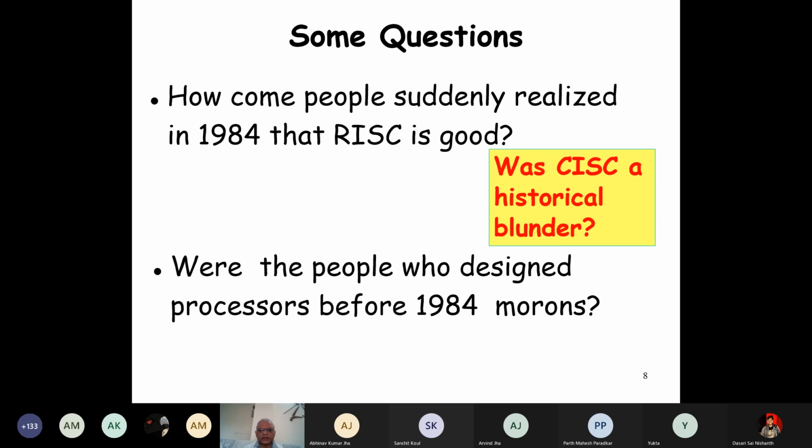Was CISC a historical blunder that people kept repeating, until one day they became wise and said we'll use reduced instructions? Let's understand the historical setting, why it happened. We'll have a better understanding of why RISC processors came in, and why CISC was once considered a good thing.